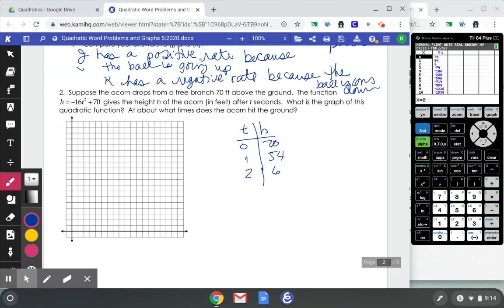So I'm just going to plot these points. Let's see, if we go 10, 20, 30, 40, 50, 60, 70. So this is height, and this is time. So let's do 1, 2, 3.